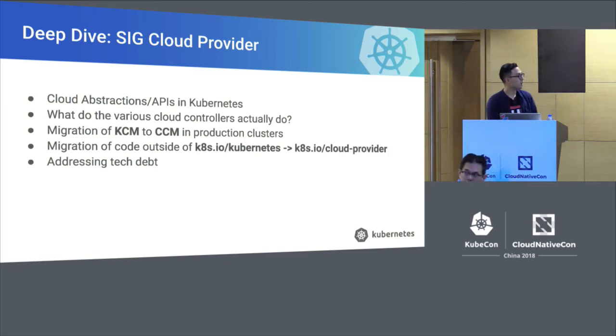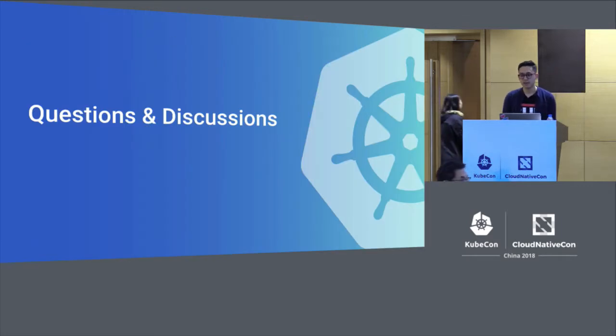I'm definitely going to talk more about how we're going to get from k8s.io/kubernetes to k8s.io/cloud-provider-whatever. And I'm going to talk a little bit about the tech that we have in Kubernetes around cloud providers. All right, so that's all I had.